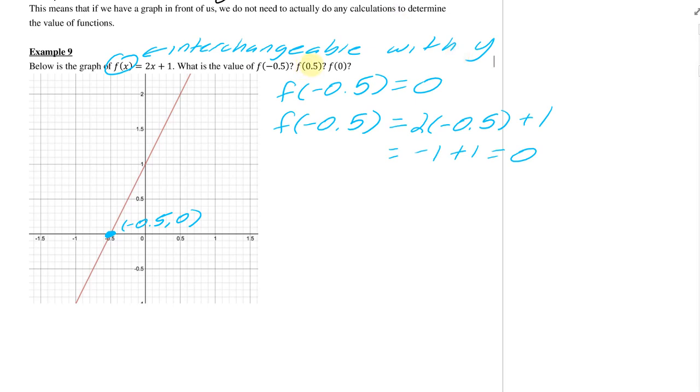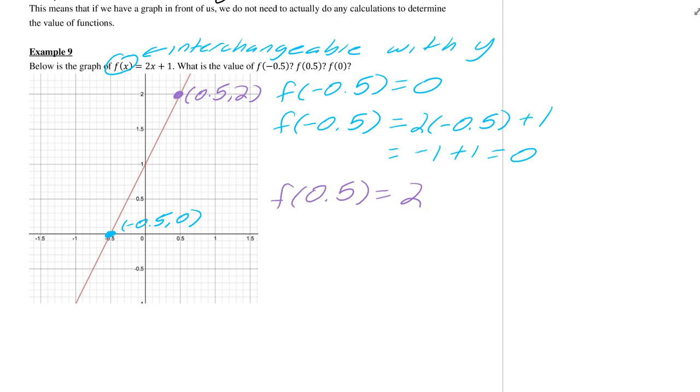Okay, so let's do the next one. What about f of 0.5? Here's 0.5, so now I'm going to come up to the graph. Here's where I've got f of 0.5. So what is this point? This is 0.5 comma 2. So it's telling me that f of 0.5 equals 2. You can plug that in and confirm that on your own if you want. And then what about f of 0?